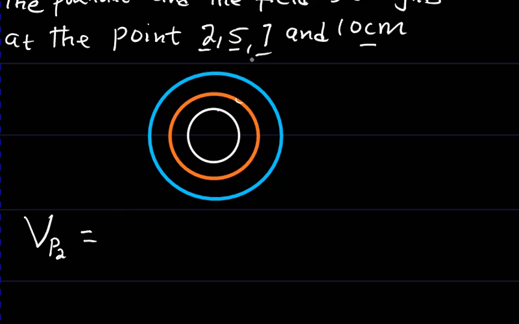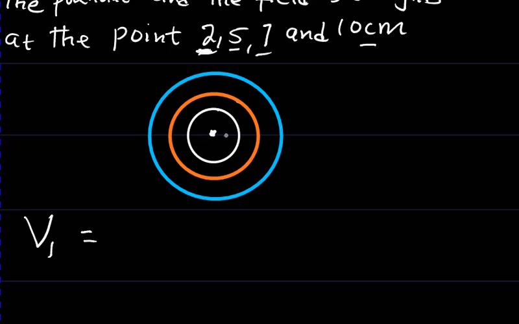So let me call it position 1, which of course is the electric potential at position 1, VP1. Anyhow you want to represent, you can even call it V1, just because they are all different. So that is at the point where the distance is 2 cm from the center.